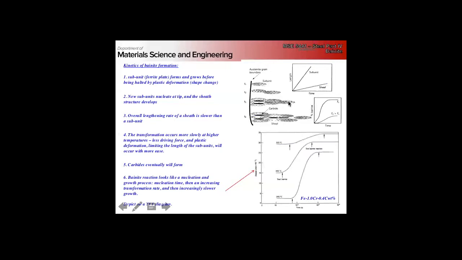structure. And what's important to know is that each subunit grows very fast, but because of the interconnected nature of all the subunits, the overall growth rate of the sheath is significantly less than the growth rate of the individual subunits.